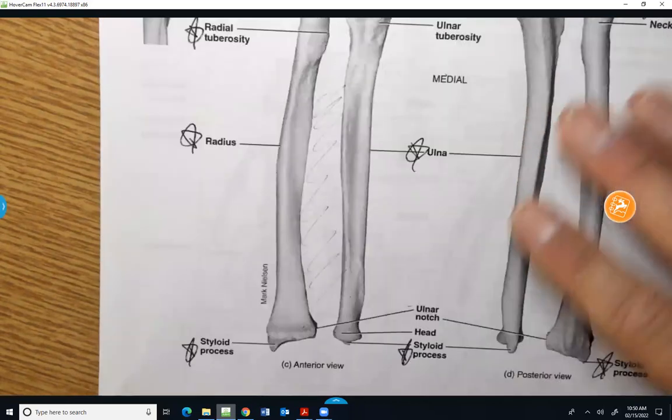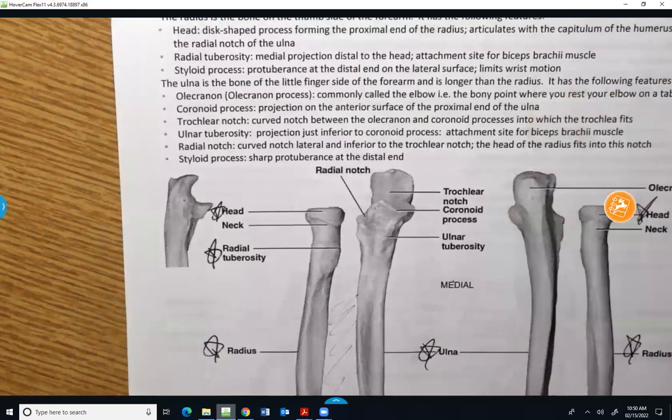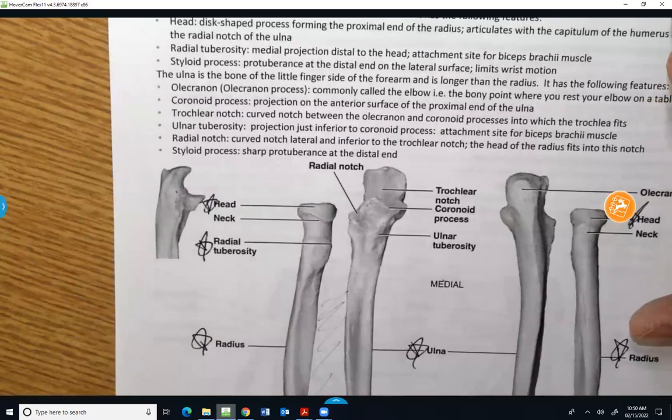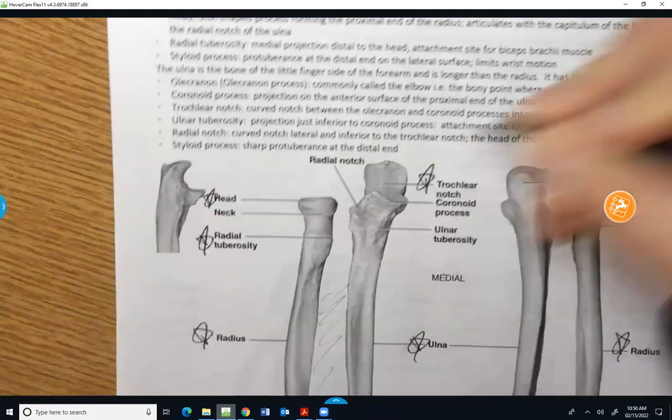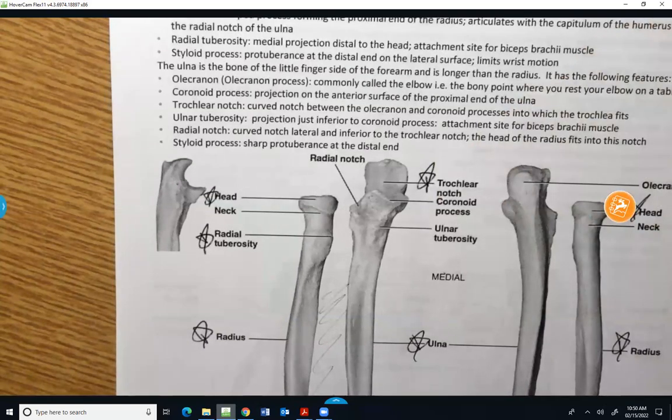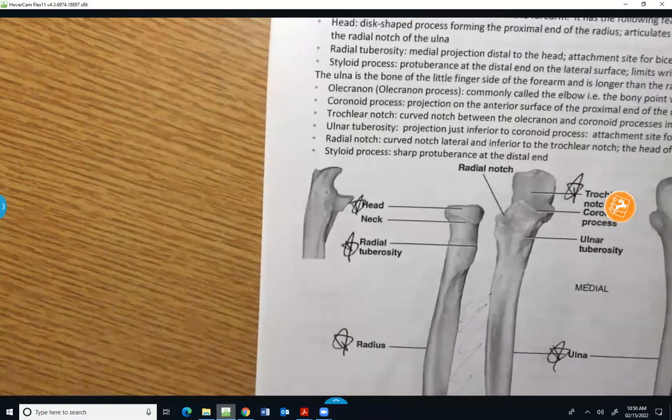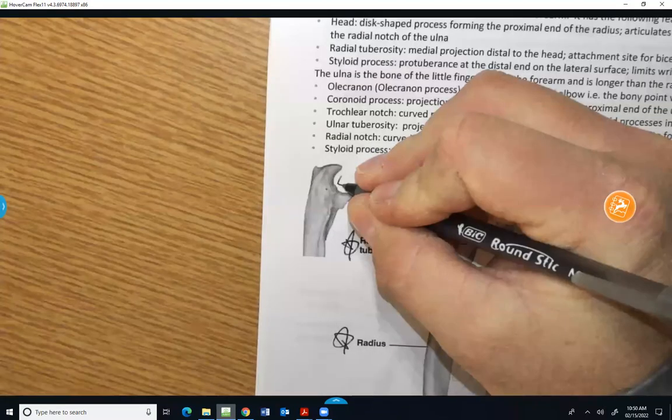Now let's talk about the ulna, which is the bone that once again articulates with the humerus to form our true elbow joint. That articulation between the humerus and the ulna occurs with what's called the trochlear notch, which is this structure right here.